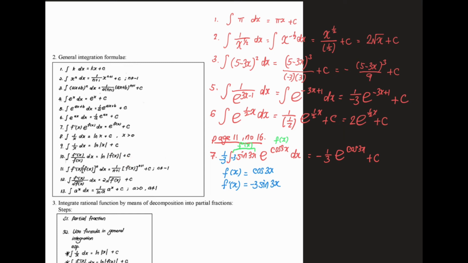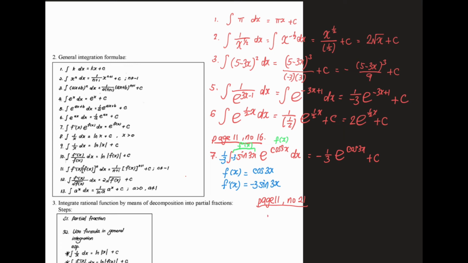Okay, now let's see one example based on formula number 10. I'm going to use page 11, question number 21.